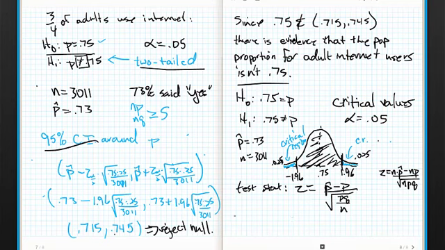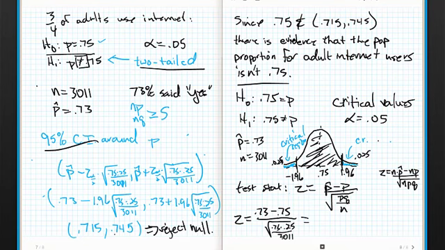So watch how this works. It's actually very simple. I just take z equals 0.73 minus 0.75, and I divide that by the square root of 0.75 times 0.25 divided by 3011. Let's watch what happens.